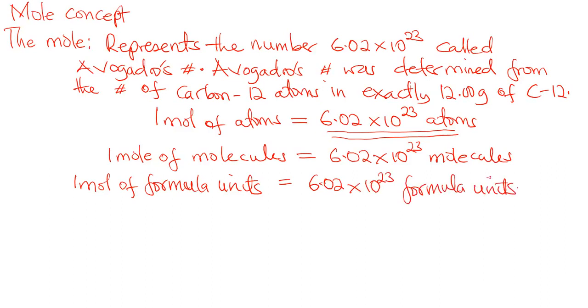So one mole of anything has that number, 6.02 times 10 to the power 23. So if you ask, what about one mole of people? The answer is yes. One mole of people has 6.02 times 10 to the power 23 people in it.